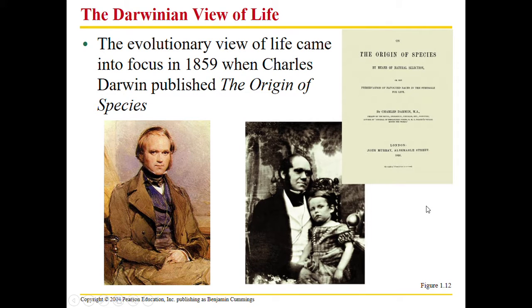Then we have Charles Darwin in his publication called The Origin of Species. He didn't discover evolution, but he pointed out the mechanisms that happen, and the origin of species by means of natural selection is something that we look at, respect.